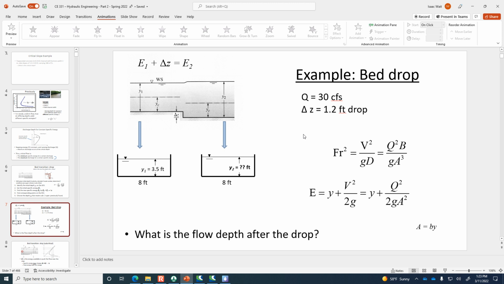What's 8 squared? 64? So I'll just write 64 Y2 squared. Okay, let me pause for a moment, and you go through the process of rearranging this to look like a nice cubic equation and then solving for the 3 roots of the cubic equation.